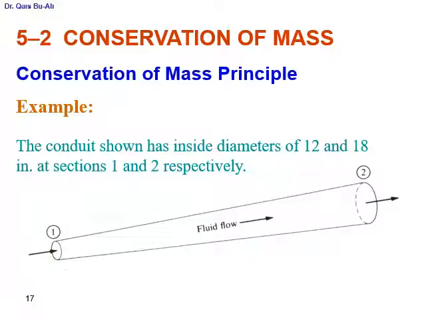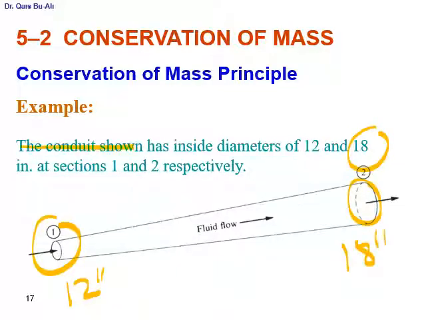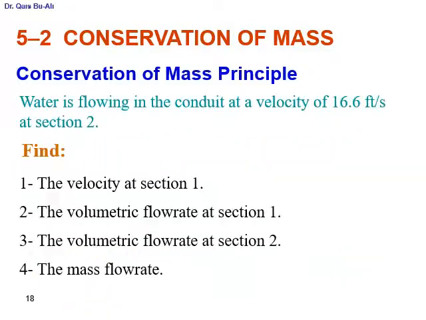This is an easy example that I will leave for you to solve. You have a conduit, which is something that carries the flow. A conduit has an inside diameter of 12 inches at section 1 and 18 inches at section 2.